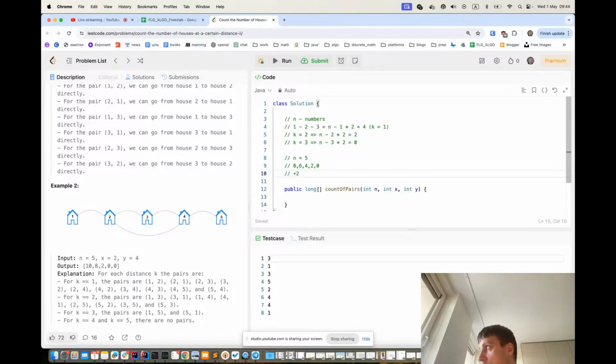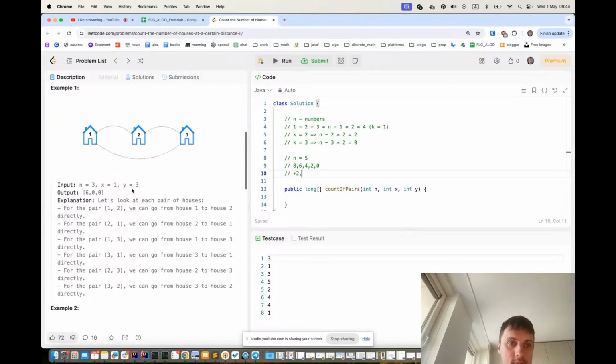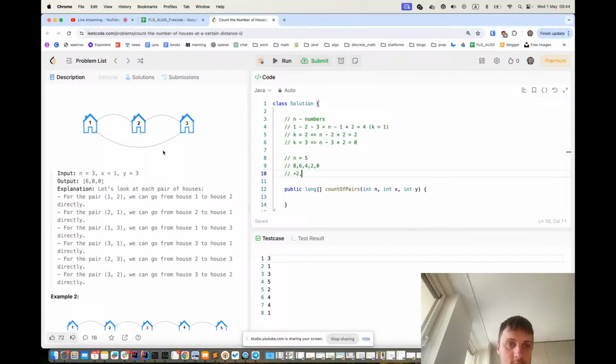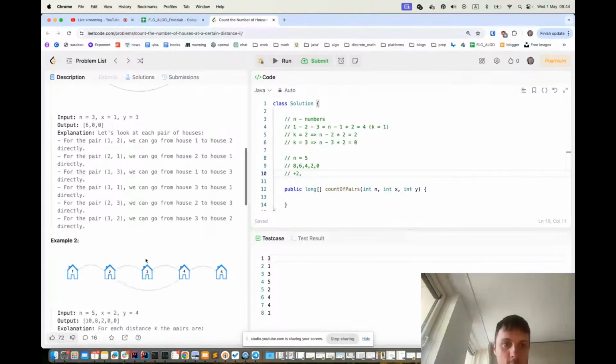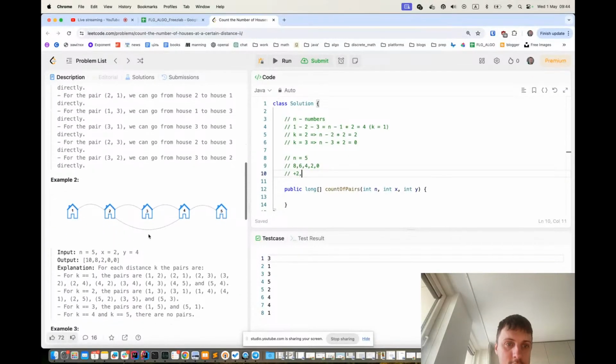When we have k equal to 2, this is more interesting because then we should calculate how much difference we have between y and x. And if we have like 2, and in this case, I think we can update our formula.